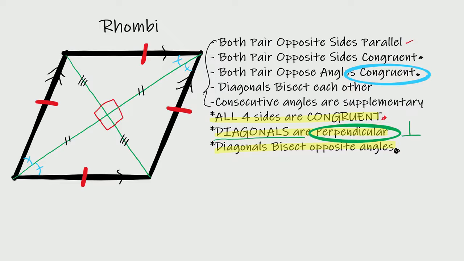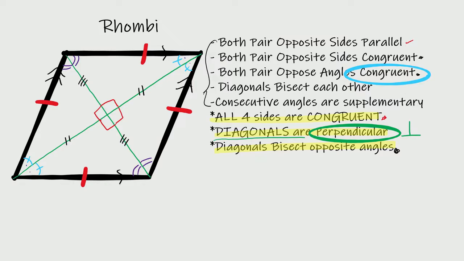So the opposite angles not only are they equal to each other, but the diagonals are going to bisect them, right? And so that only works for the ones that are crossed. So you could think of these 4 angles as being congruent to each other, and these 4, we'll do this way, are going to be congruent to each other.